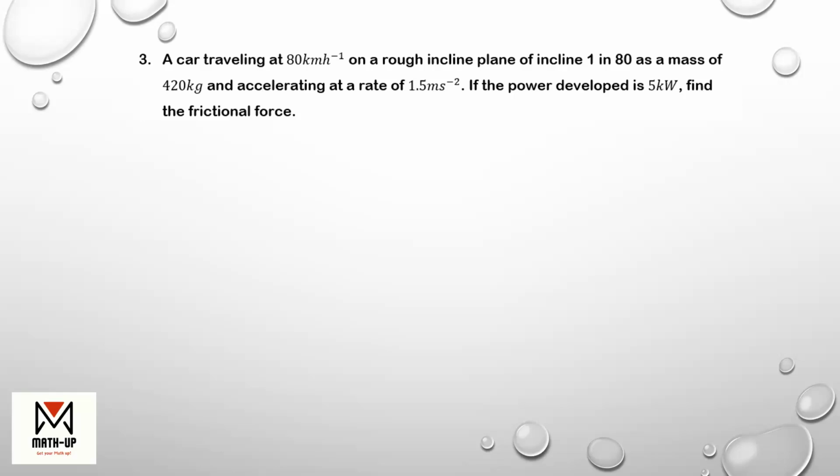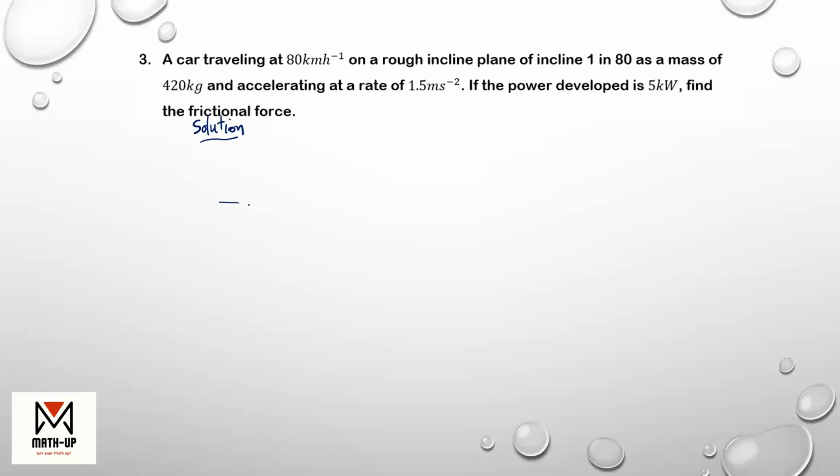Find the friction force. Of course, this is mechanics, and for any mechanics question you should sketch. A sketch will be very important in helping you interpret the question. The car is traveling at that speed on an incline of that specification, and its mass is given.